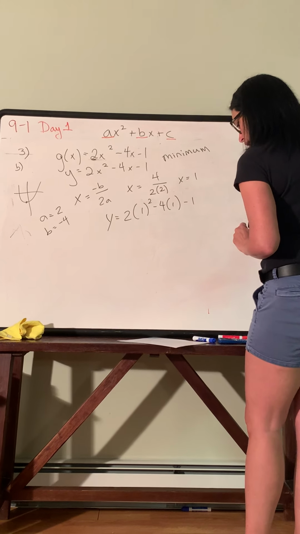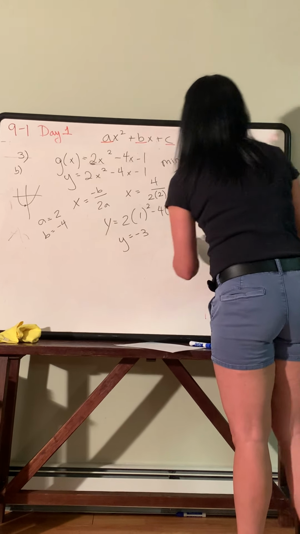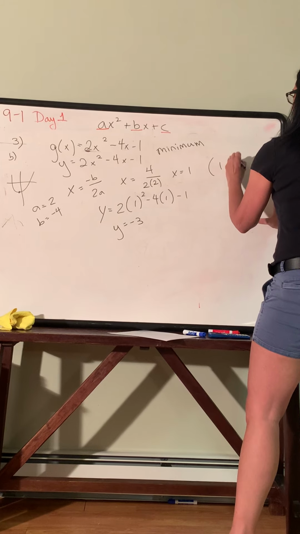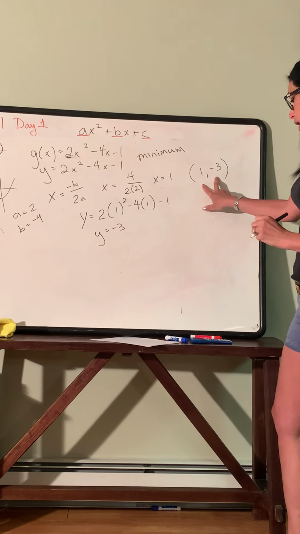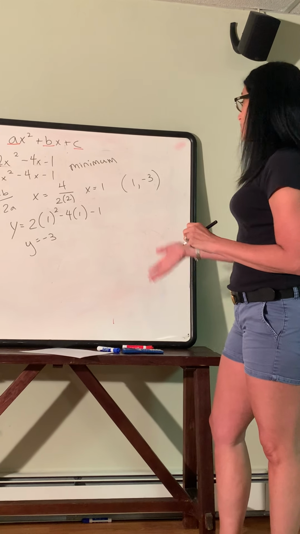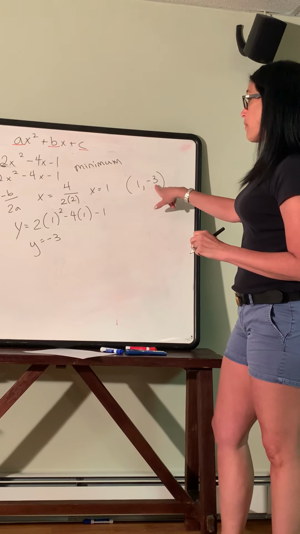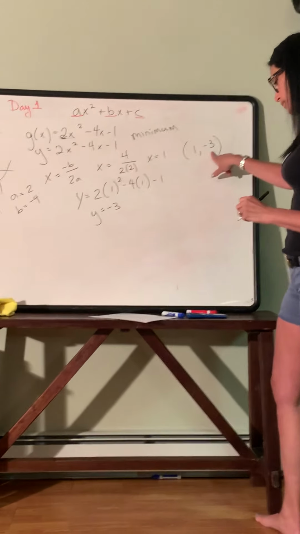And when we solve that, we get y equals negative 3. So my vertex is (1, negative 3). This tells me a lot. This tells me my axis of symmetry. If they wanted the equation for the axis of symmetry, it's x equals 1. And this tells me that my lowest point, my minimum point, is negative 3.